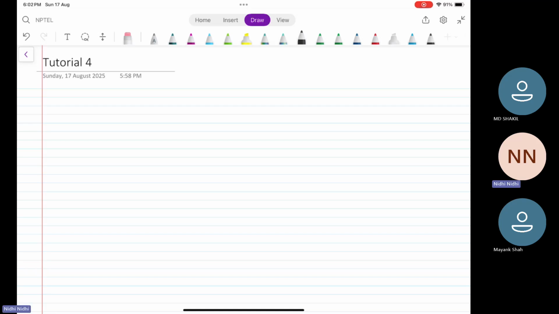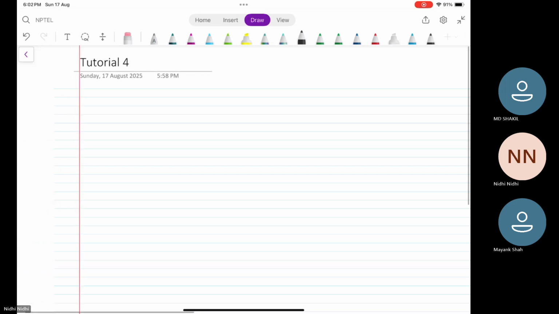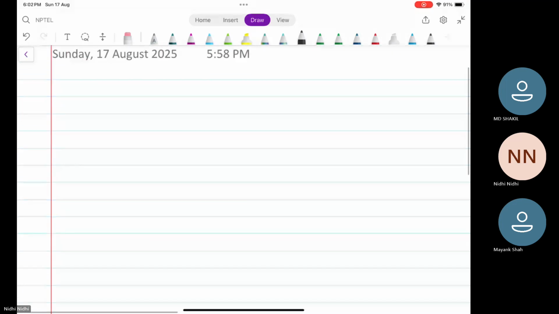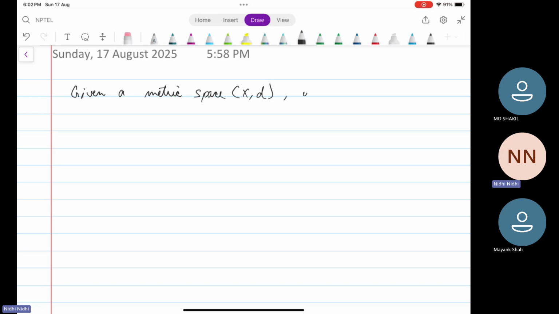Let's continue with what we left in the last class. There we had, given a metric space X, we are going to construct its completion.